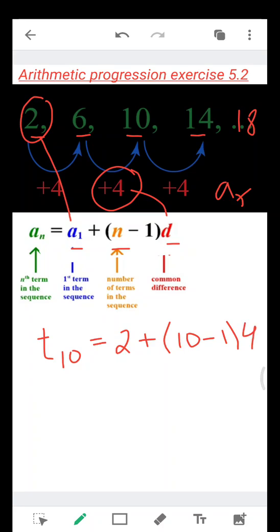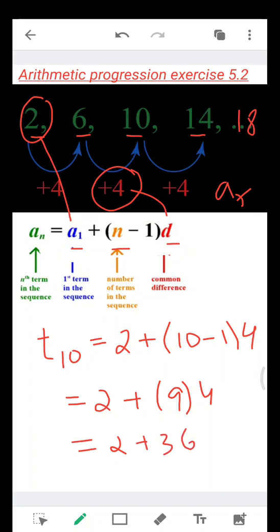D is 4. So if I simplify it, I'll get 2 plus 9 into 4. That gives you 2 plus 9 times 4 is 36. 2 plus 36 gives you 38. So the 10th term of this series will be 38.